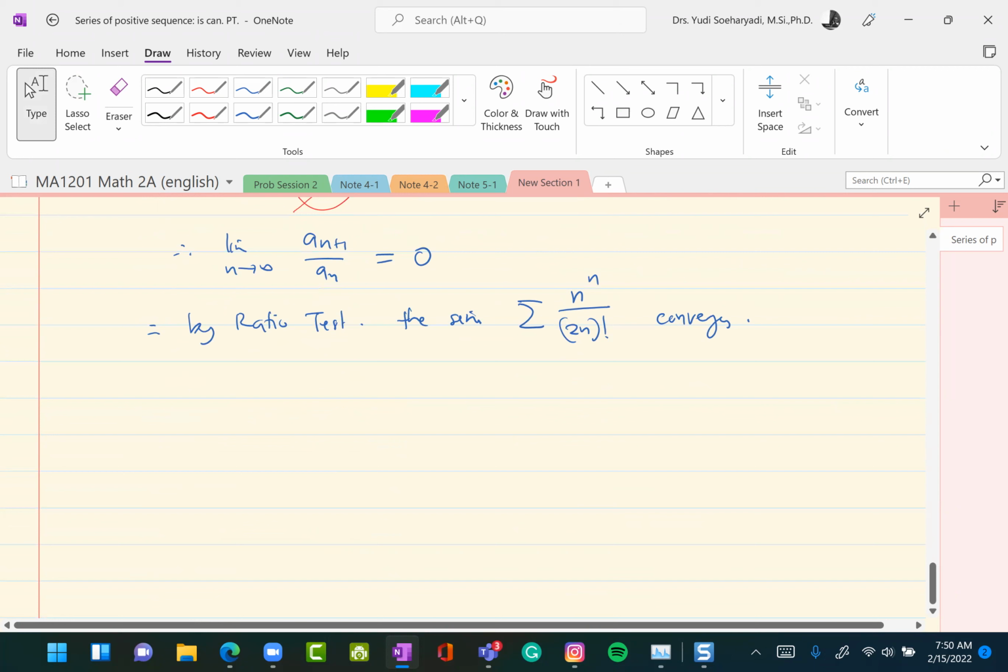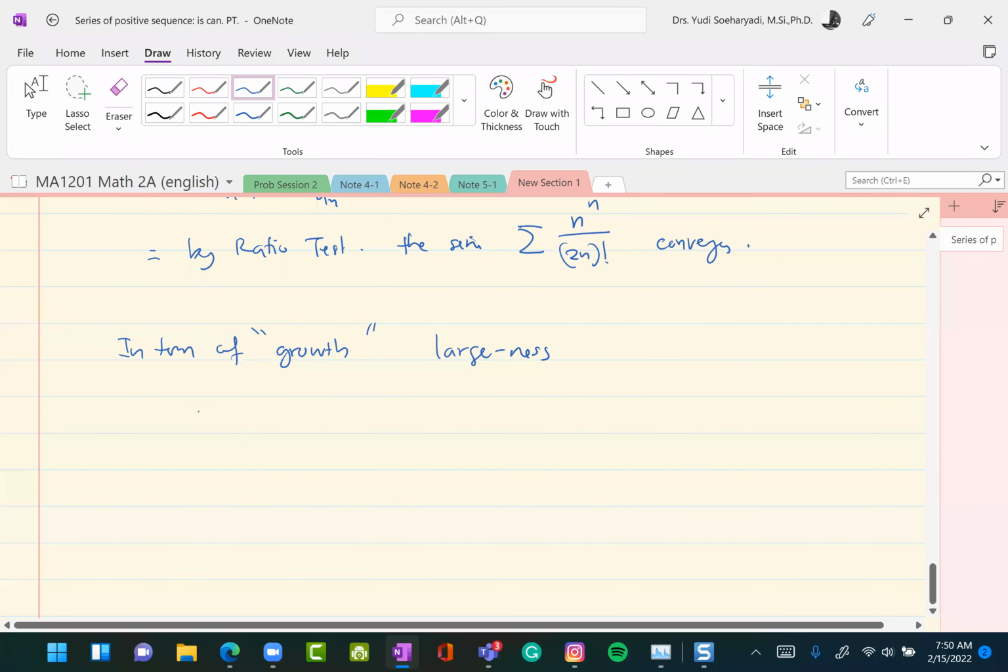Okay, so in terms of growth, what I mean by growth is largeness, what we have is log. It is still smaller than polynomial, the hierarchy, and bigger than polynomial is exponential.